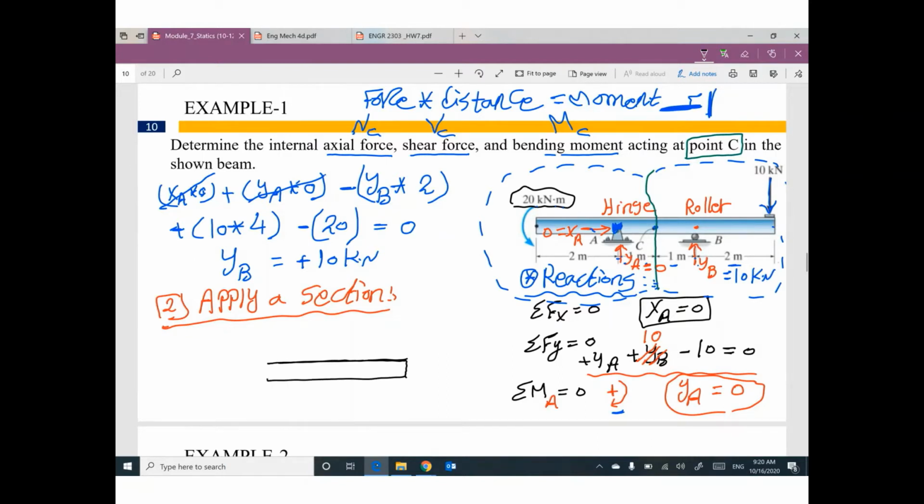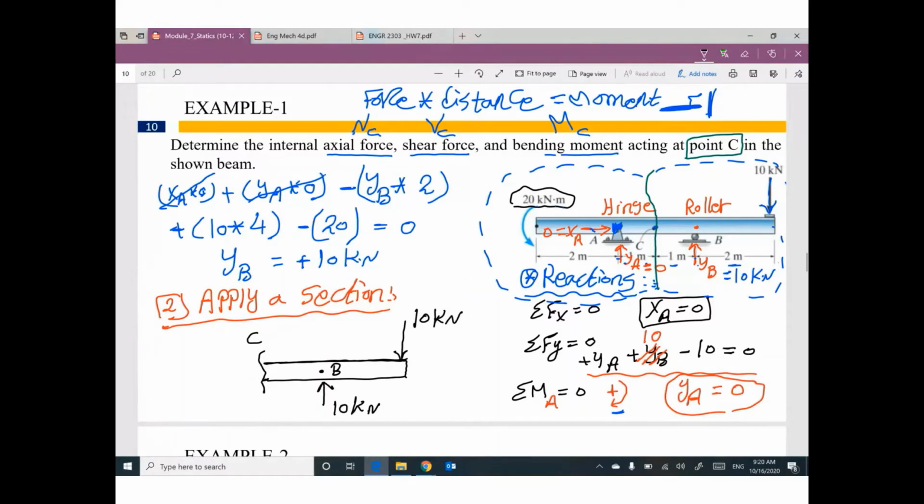Here is the right part. At this location, which is point C, I did my cut. At this point, which is called B, we have a vertical reaction. How much? 10 kilonewton. At this location, we have a vertical load. How much? 10 kilonewton.